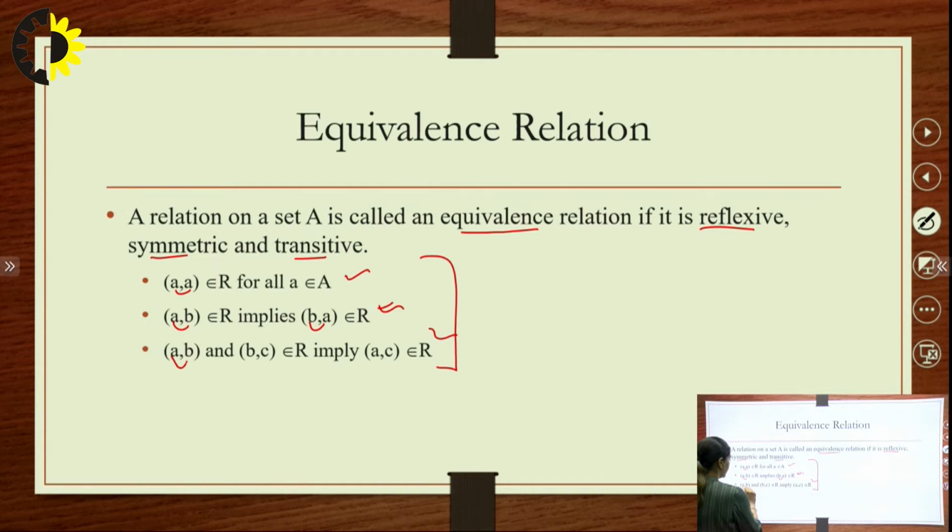If one element is related to the second element, the second is related to the third element, and the first is related to the third, and all these three conditions are true in a relation, then it is an equivalence relation, right?